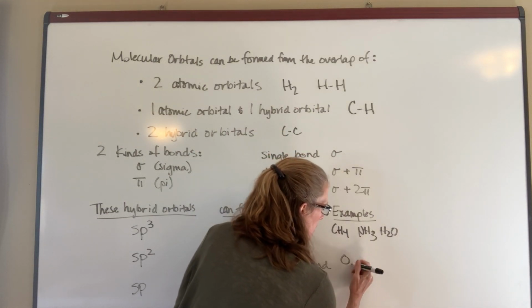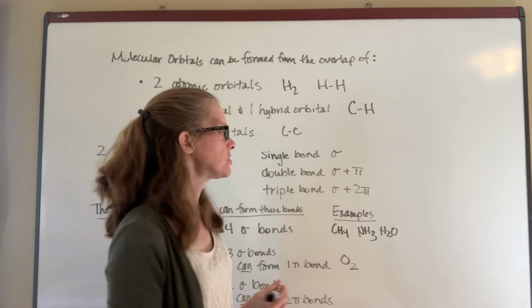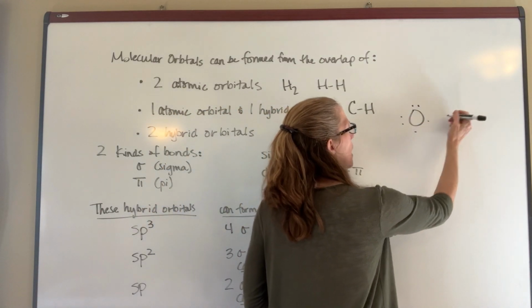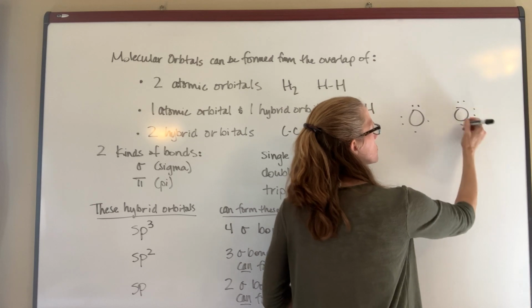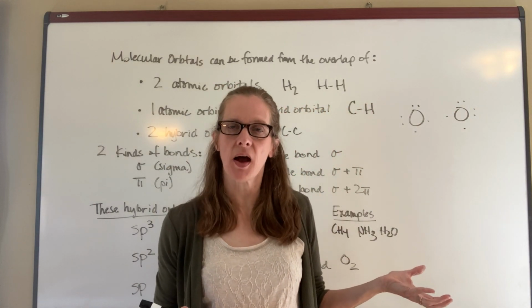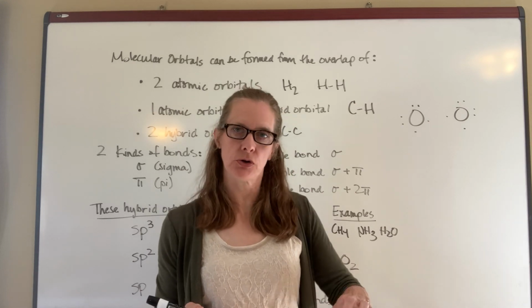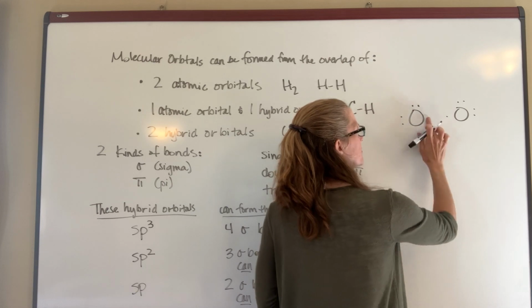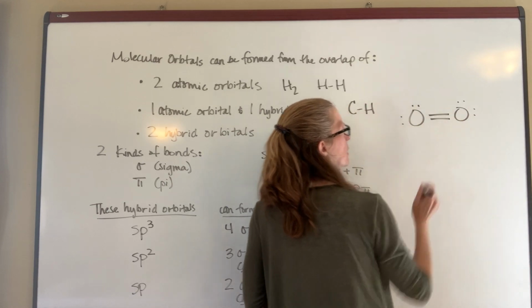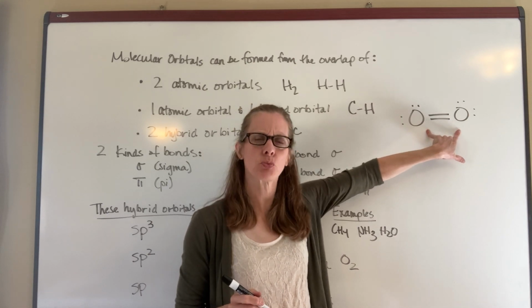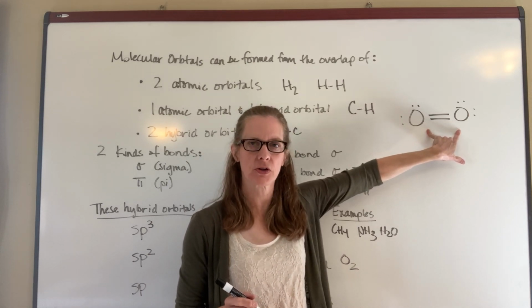O2 is probably the most simple example. And so again, if you remember, the oxygen dot structure looks like this. It wants to have an octet of electrons around it so that it looks like the noble gas, so that it's stable. And so it's going to share both of these and form a double bond in here. So now each one of the oxygens has an octet of electrons around it.